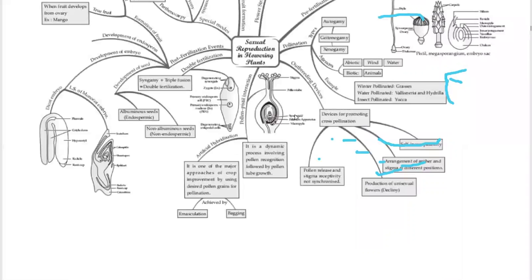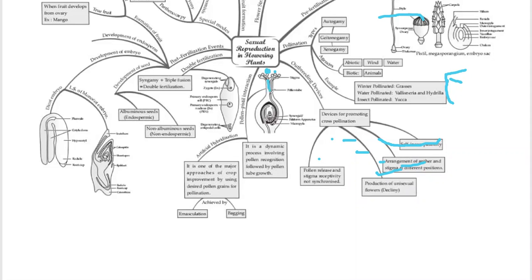Then pollen-pistil interaction is the interaction between the pollen which comes from the male and the pistil of the female. It is a dynamic process involving pollen recognition followed by pollen tube growth. Actually, what happens is when the pollen lands, it is recognized by some enzymes or receptors present here.